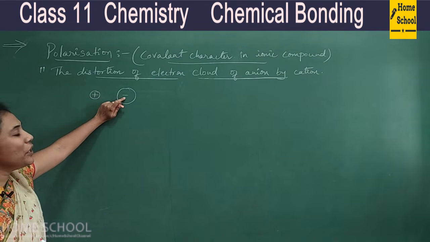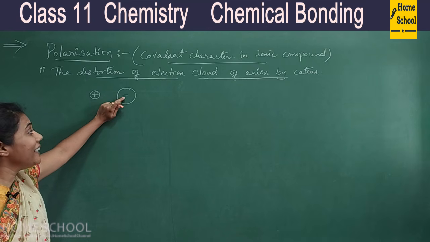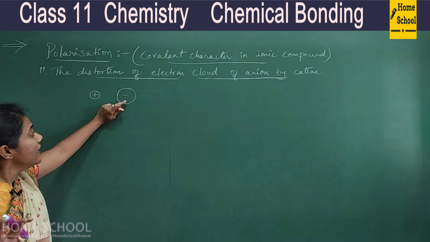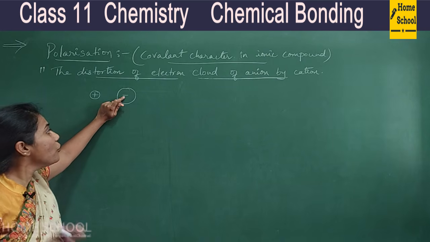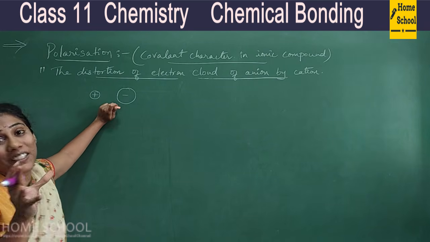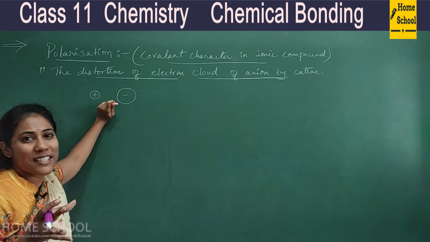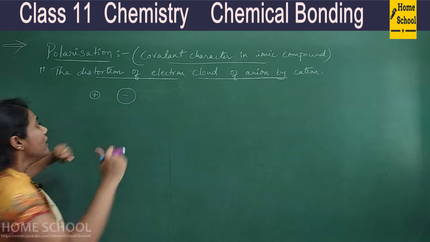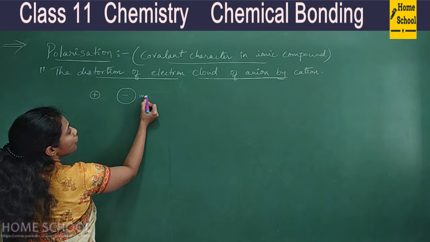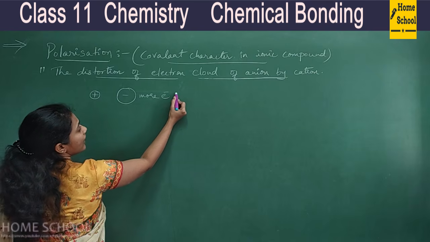And every anion will have a nucleus, around that an electron cloud is there. In case of anion, there are more electrons, so I can say more electron cloud. Electron cloud in the sense, the area where electrons are more. So anion has more electron cloud.